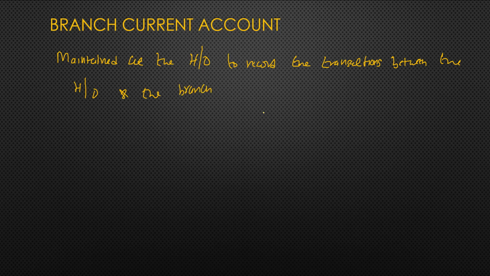Now, let us look at the format of the account. The format of the account will look something like this. So we have the branch current account, maintained by the head office.